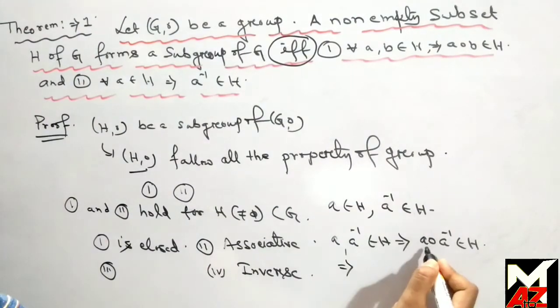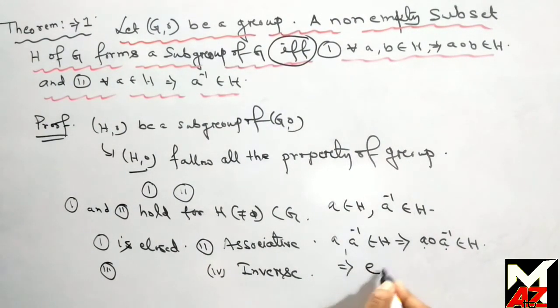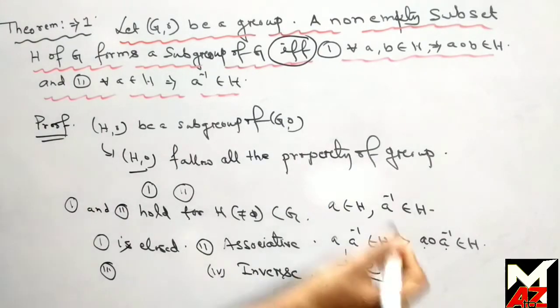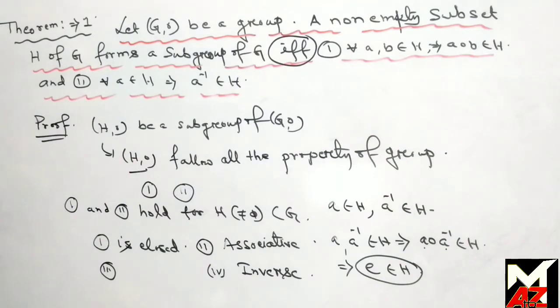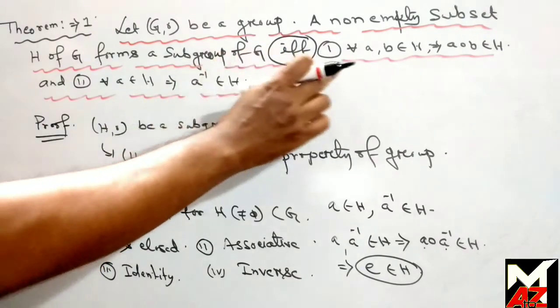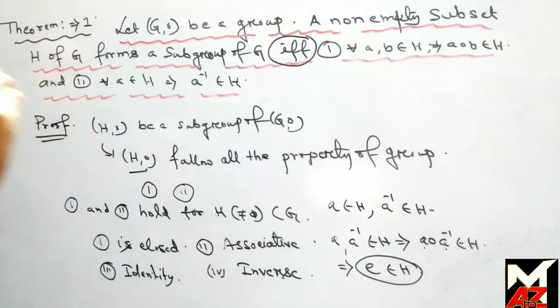So a ∘ a inverse, this means e belongs to H, and this is the identity of H. So the identity property also holds in H. So closure, associative, identity and inverse, all the 4 properties of a group hold. So we say that if 1 and 2 hold, then (H, ∘) must be a subgroup of (G, ∘).